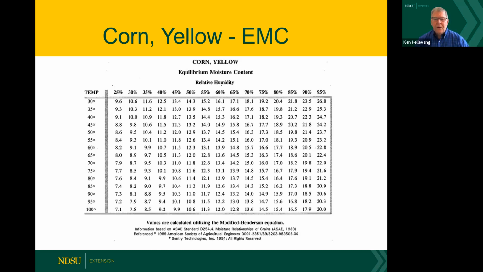And so if we look at 90 degrees Fahrenheit, for example, and 60% relative humidity, those two will intersect at about 12.4% moisture content. So for air at 90 degrees and 60% relative humidity, we would expect the corn to be at about 12.4% moisture content.